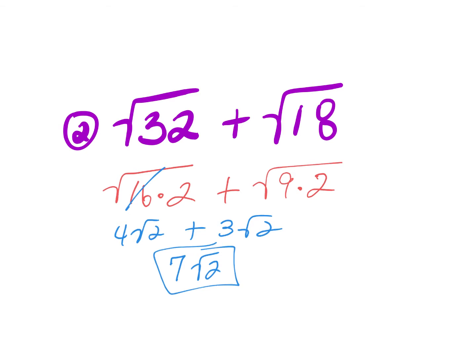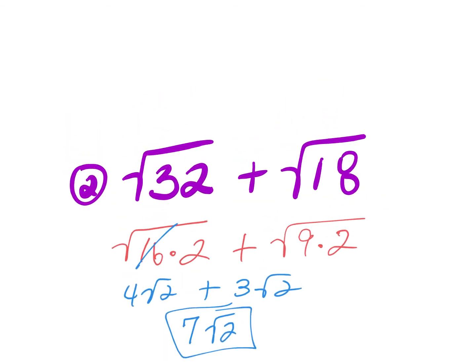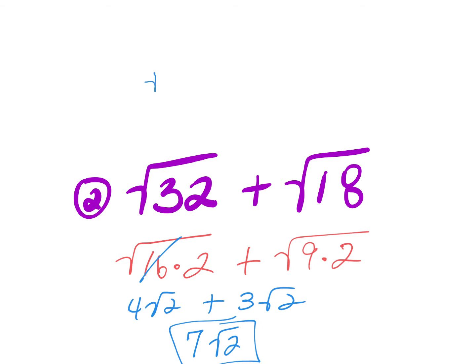Now, some of you said, well, I would break 32 into 8 and 4, right? So watch what happens when you do that. You can do this. If you guys saw 8 and 4, that's fine. What is the square root of 4? So I bring this out. I have 2 square root of 8. Can you break 8 down into what? So this would be 2 on the outside and then 4 times 2. So you just have to simplify again.